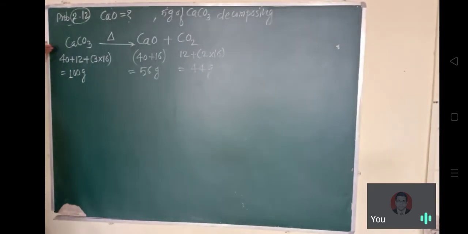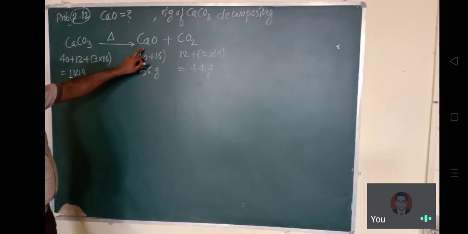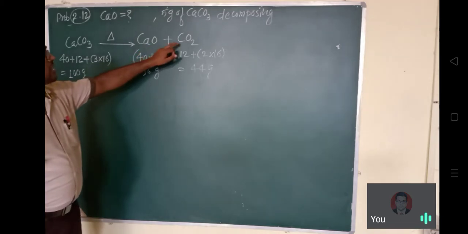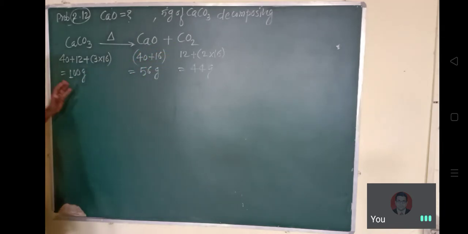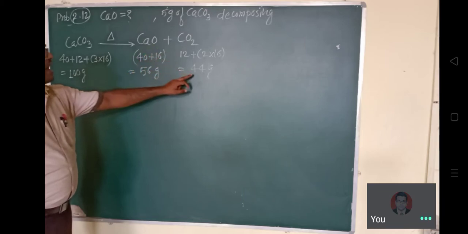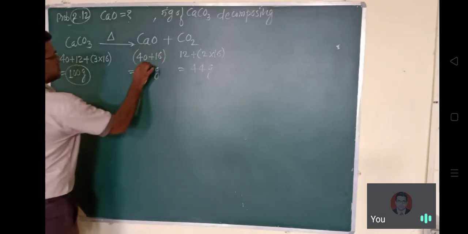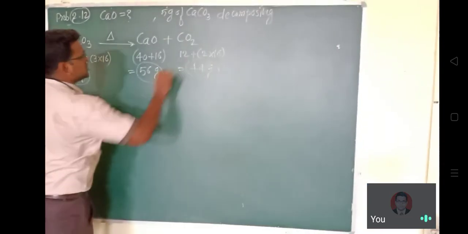So this is the general decomposition of calcium carbonate into calcium oxide and carbon dioxide. Right now we can say that when 100 grams of calcium carbonate gets decomposed, it forms 56 grams of calcium oxide and 44 grams of carbon dioxide. So these figures are telling us this information.